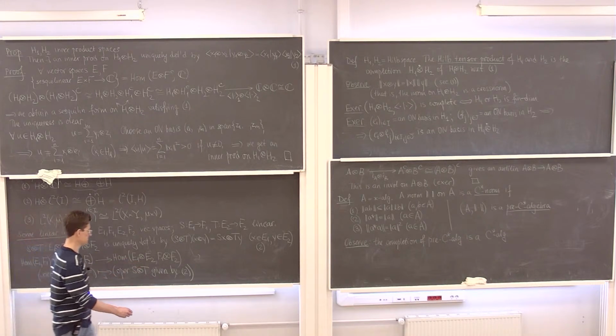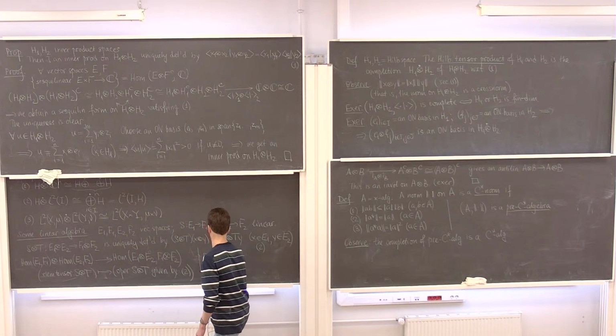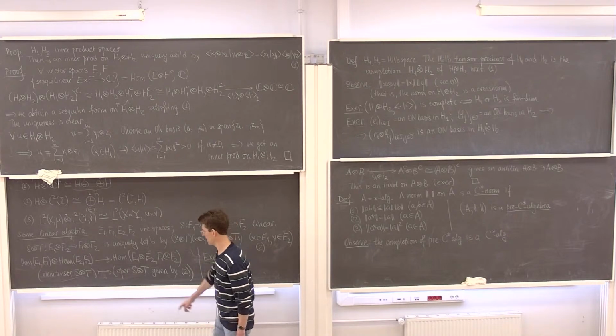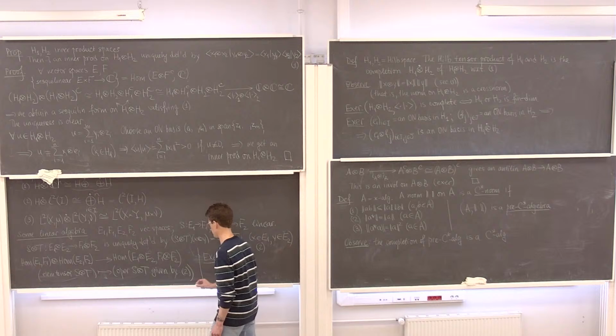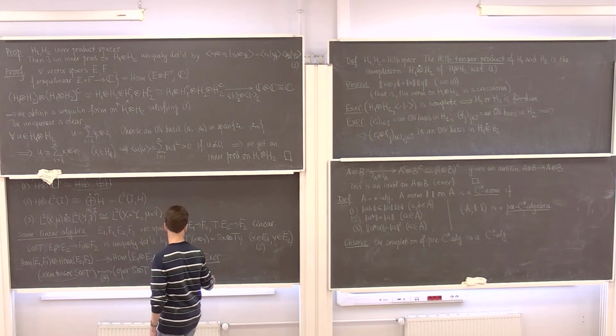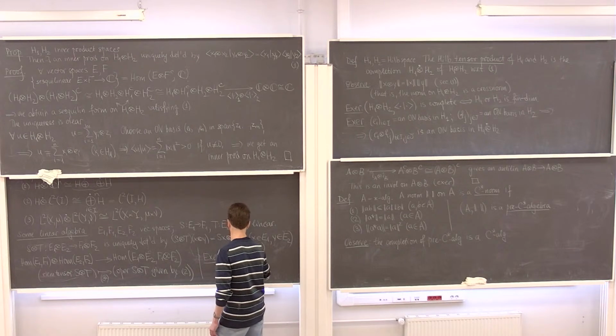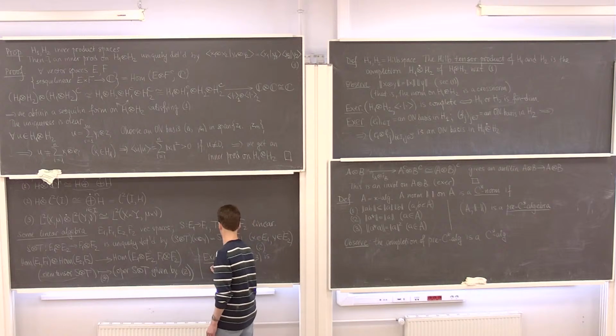But nevertheless, it's a simple exercise in linear algebra to show that this map is actually injective. That's denoted by 3. The map given by 3 is injective.